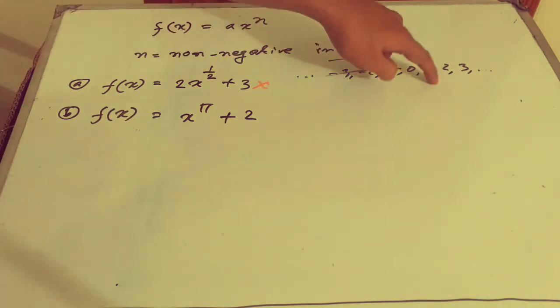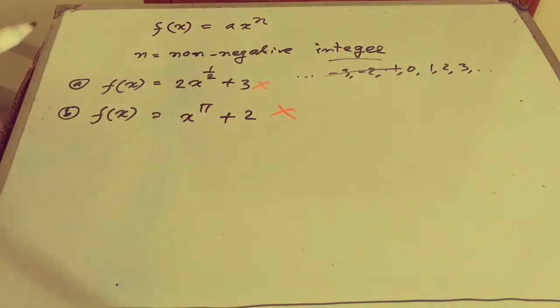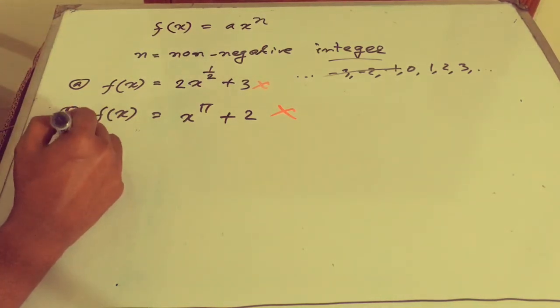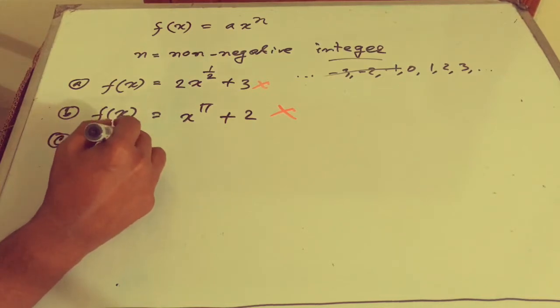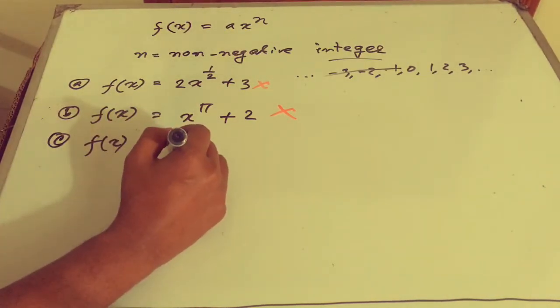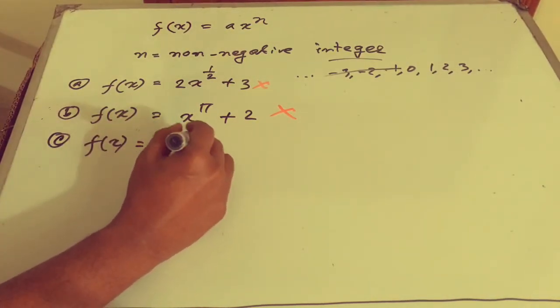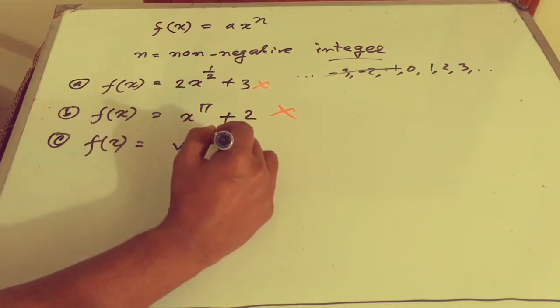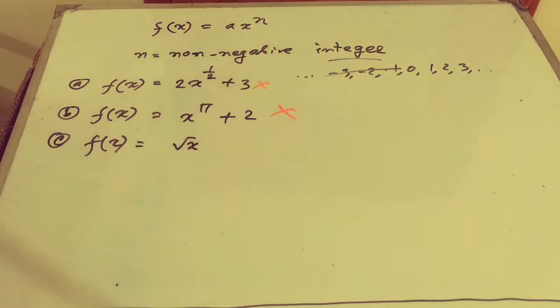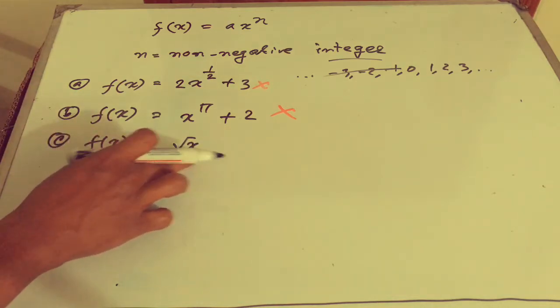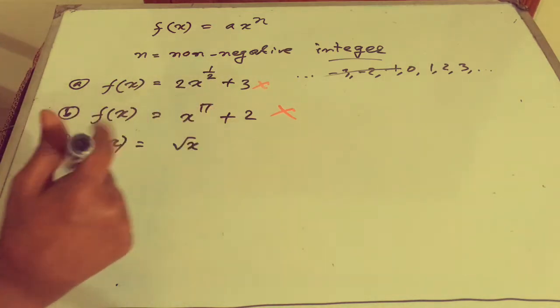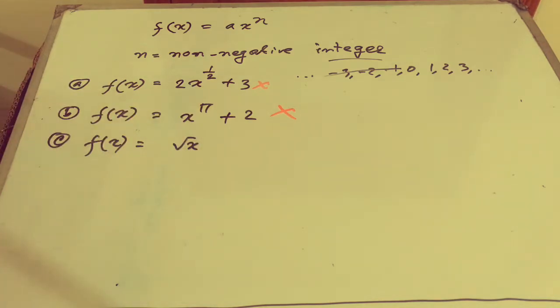A decimal number is not in the integer list, so it is not a polynomial function. Let me write another one. f(x) = root x, plus something, or just only root x. This is also not a polynomial function because root x means x to the power 1/2. So this is also not a polynomial function.